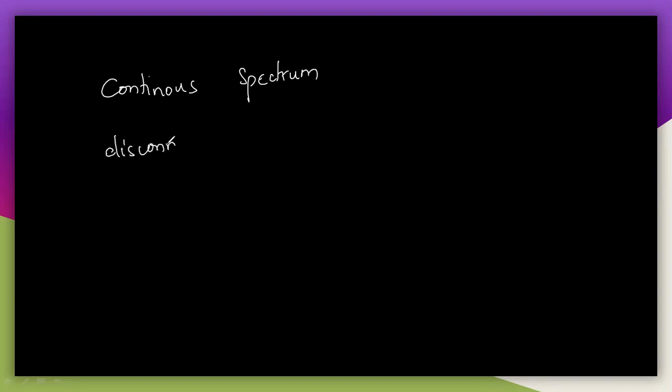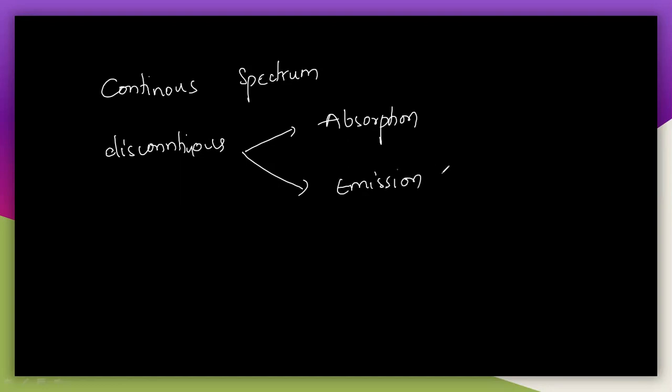This discontinuous spectrum is classified again into two types: the absorption spectra, and the second one, the emission spectra. So what are continuous spectrum and discontinuous spectrum here?